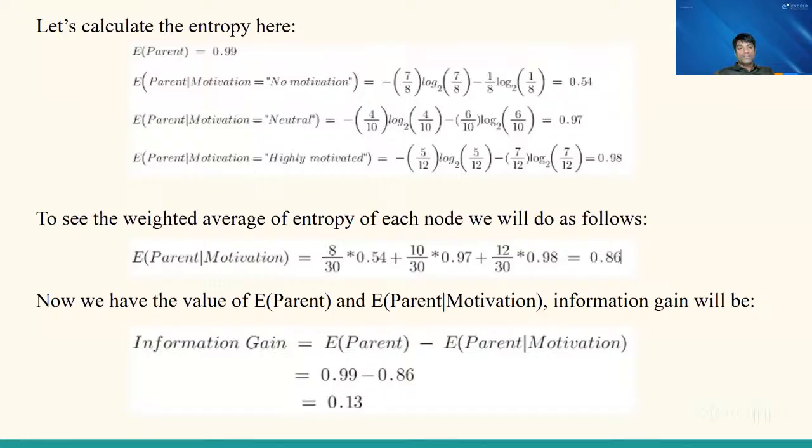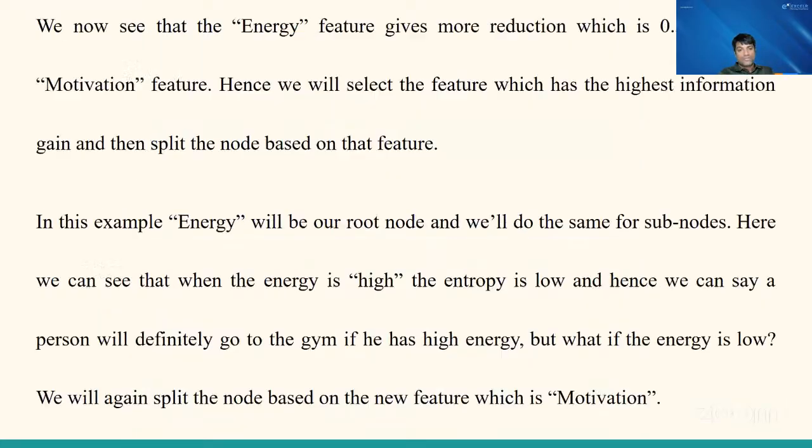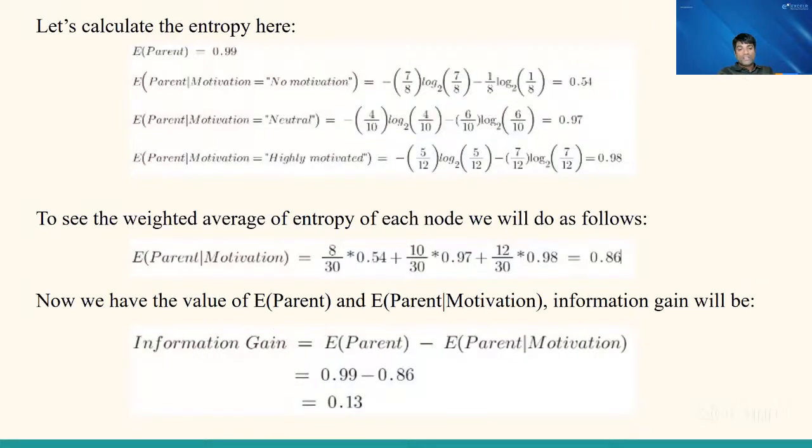If you see here, neutral and high motivation are 0.97 and 0.98, and no motivation is 0.54. So you can use the no motivation to split. Here you can see the information gain is about 0.13. Since the entropies are 0.54, 0.97, and 0.98, we calculate the weighted average, and the weighted average is around 0.86.